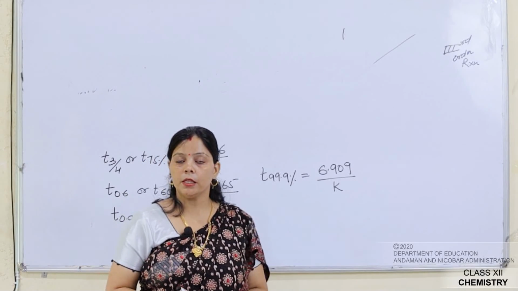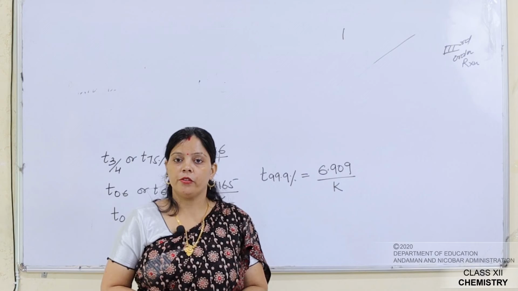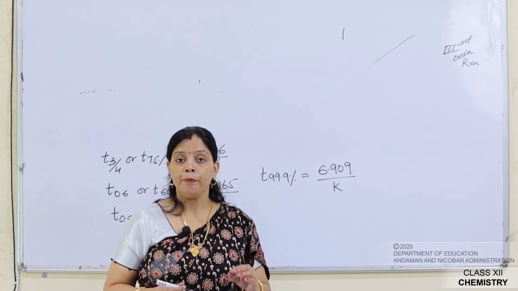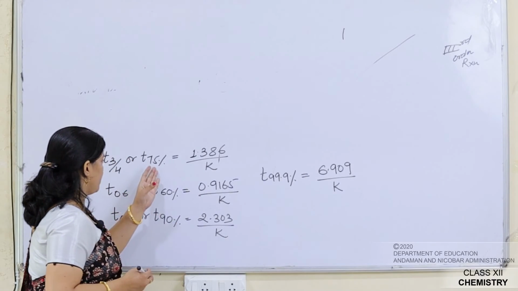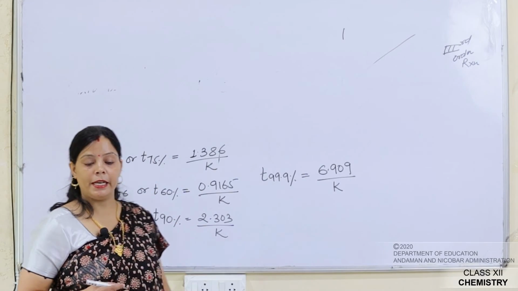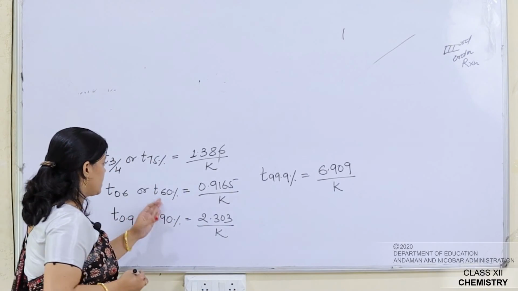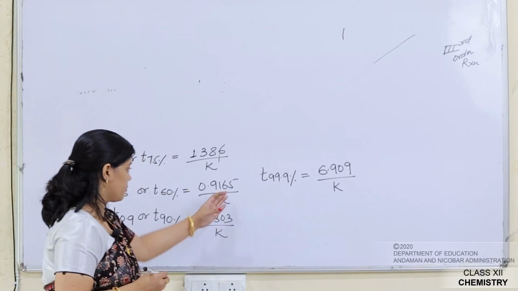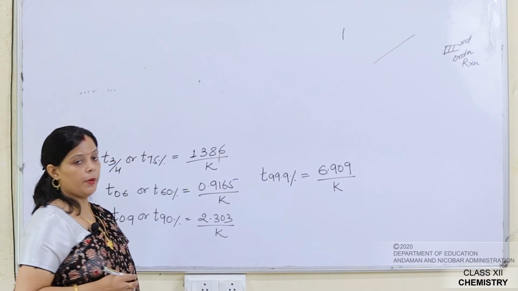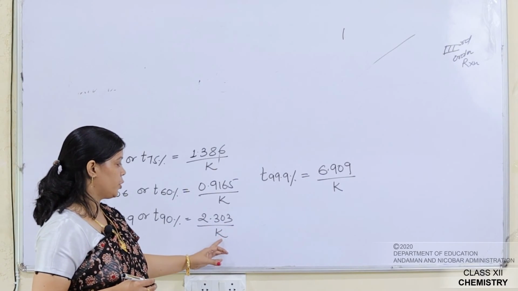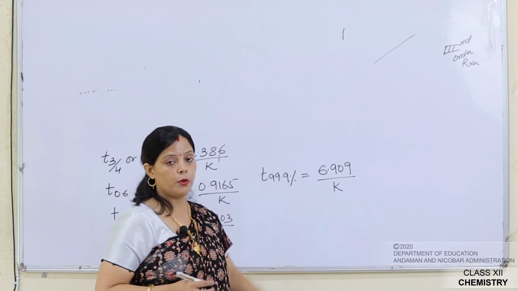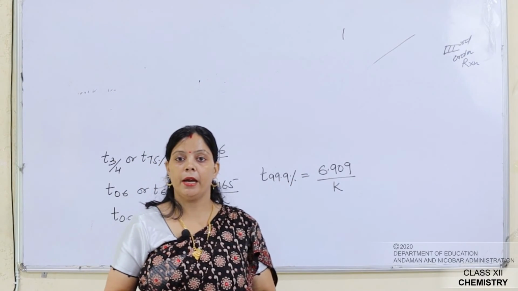For 1 by third, T 1 by 3 is equal to 0.406 by K. Similarly, for 75% completion it is equal to 1.386 by K. For 60% completion it is equal to 0.9165 by K. For 90% completion, this is equal to 2.303 by K. And for 99.9% completion, this is equal to 6.909 by K.